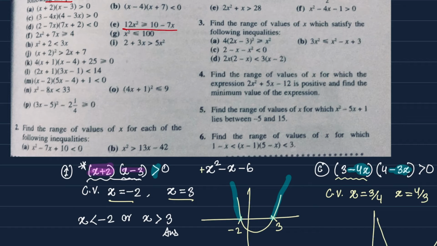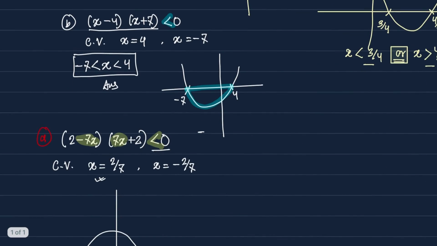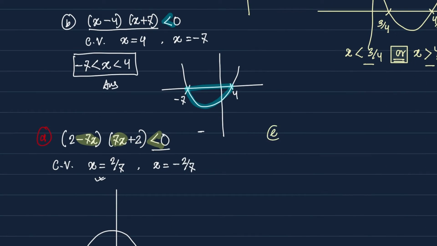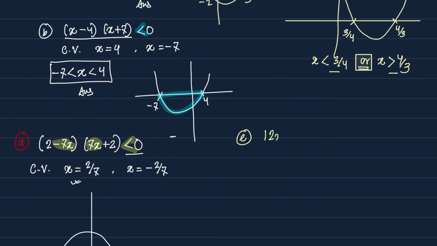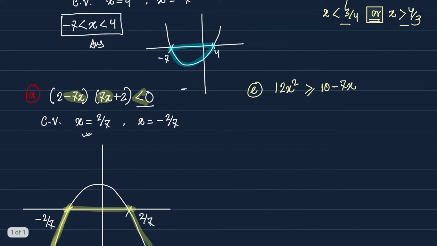Okay, let's try number E. 12x square is greater than or equal to 10 minus 7x. Let's bring all the components to the left hand side. 12x square plus 7x minus 10 is greater than or equal to 0.